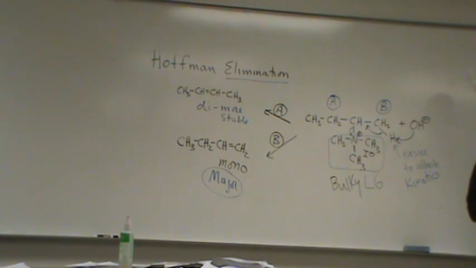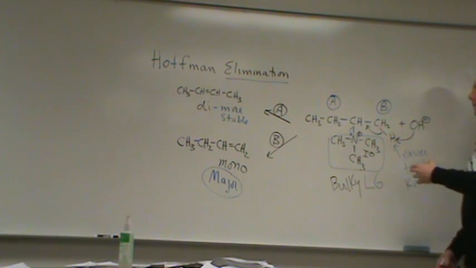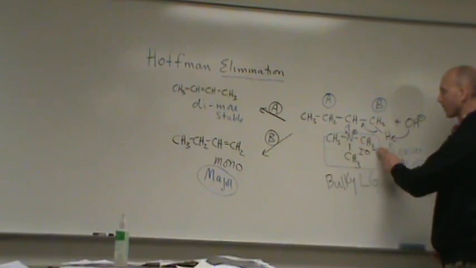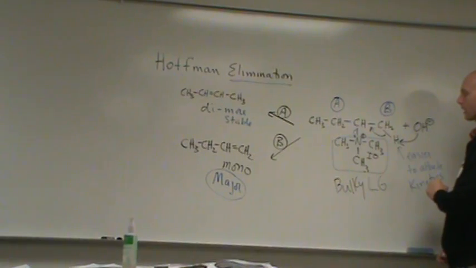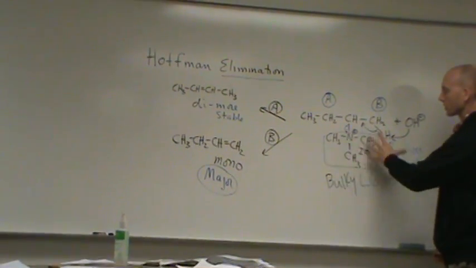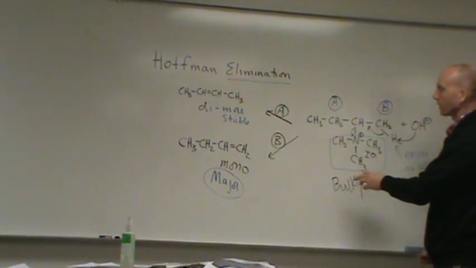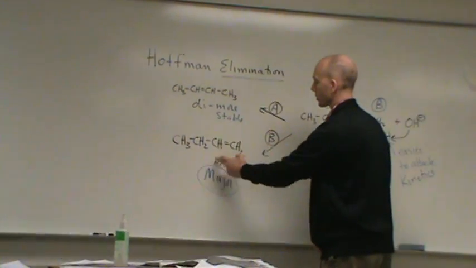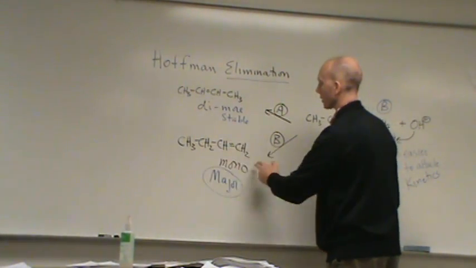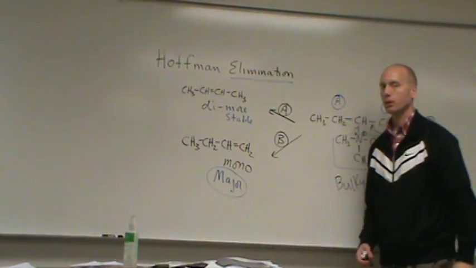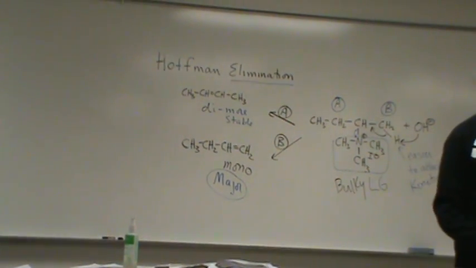Okay, so two big things to take away from it. One is this new leaving group that we've learned. And then two, since it's a bulky leaving group, the major product is the less stable double bond, or the least substituted double bond. Okay?